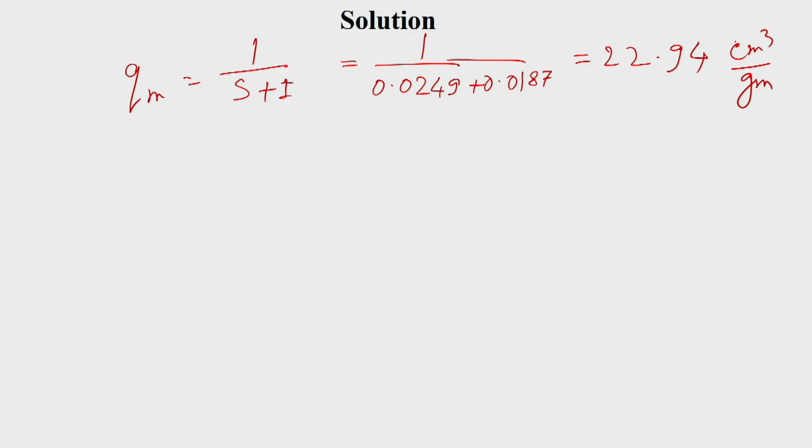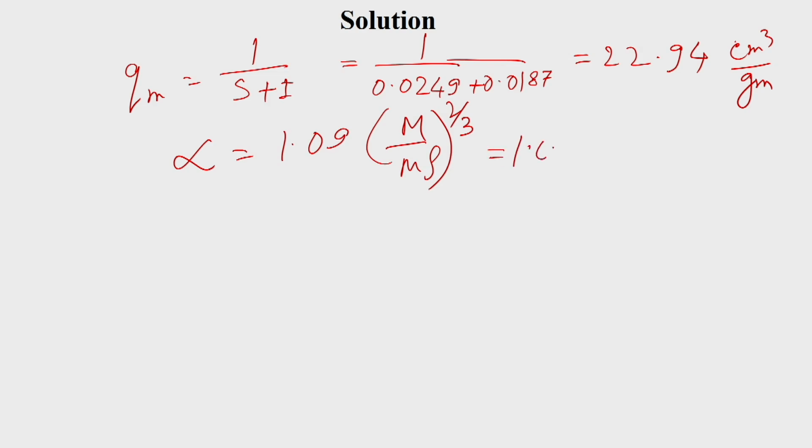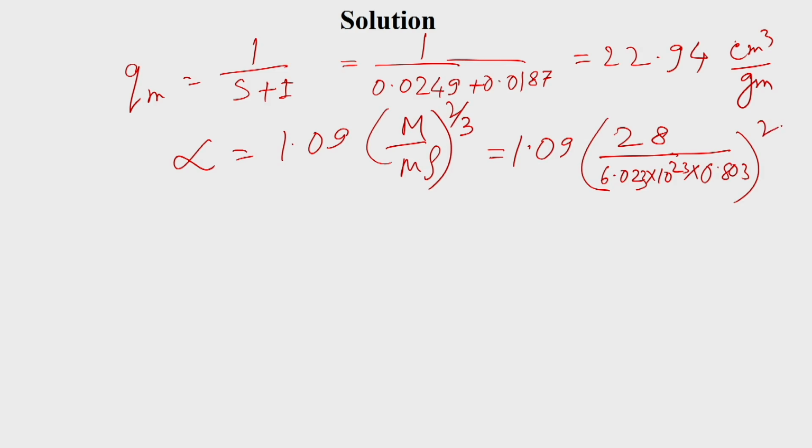And alpha, as we know, is 1.09 into (M by N rho) to the power 2/3. So it is 1.09 into (M, the molecular weight, which is 28, by Avogadro number 6.023 times 10 to the power 23, and density given as 0.808) to the power 2/3.